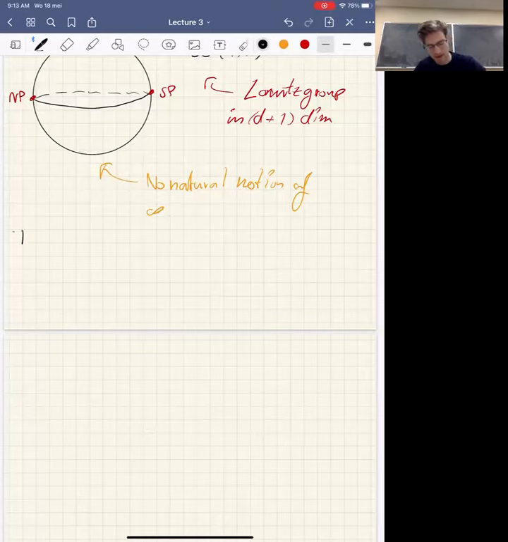So let's look in a bit more detail at the isometry group. For simplicity, let's say we're looking at three-dimensional de Sitter space. Then we're looking at SO(1,3). The generators of this group consist of 3 boosts and 3 rotations.